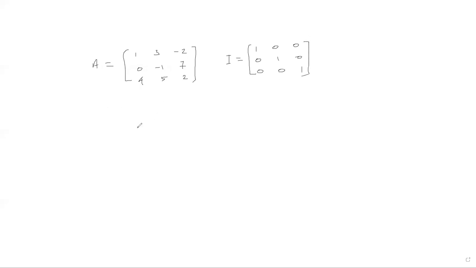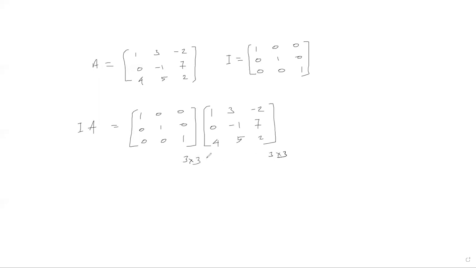Okay, so if you multiply A into I or I into A, whatever it is, so I into A देखो, 1 0 0, 0 1 0, 0 0 1 into A, 1 3 minus 2, 0 minus 1 7, 4 5 2.